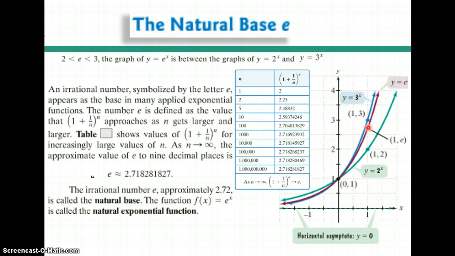Here in this graph, the graph of e to the power x lies between the graph of 3 to the power x and 2 to the power x.